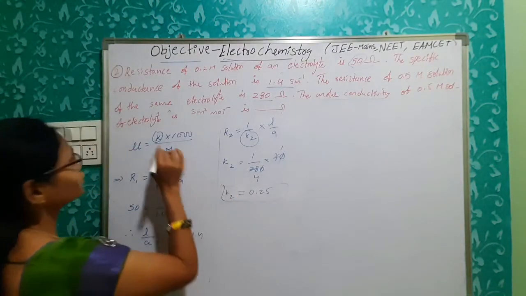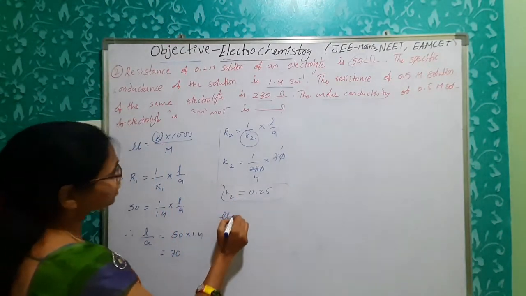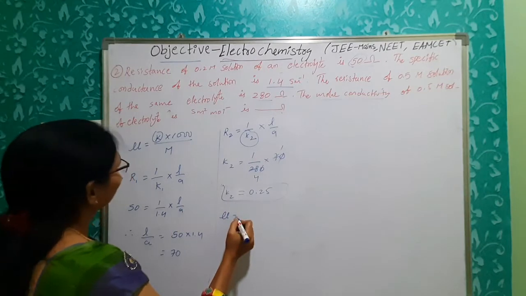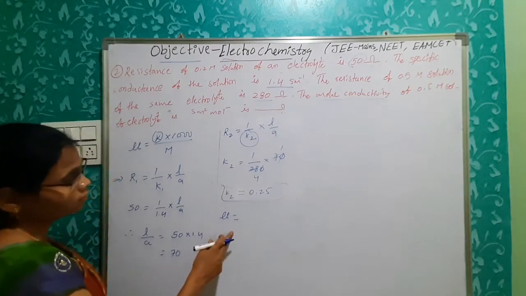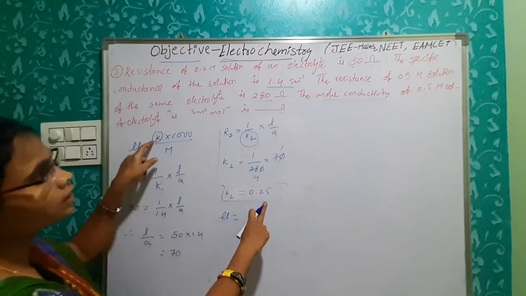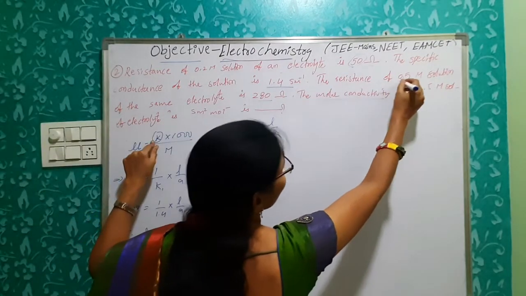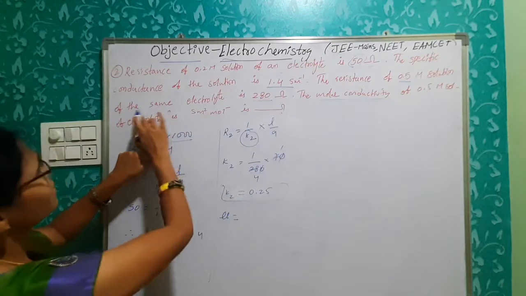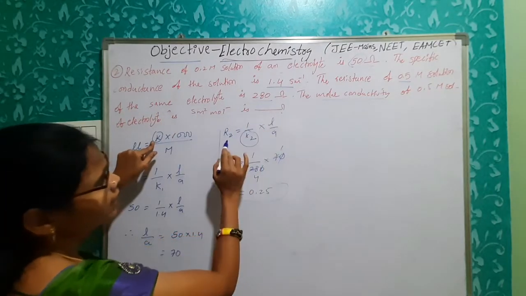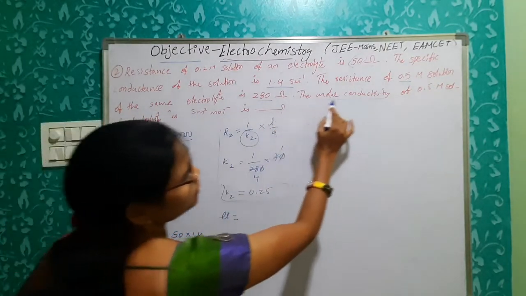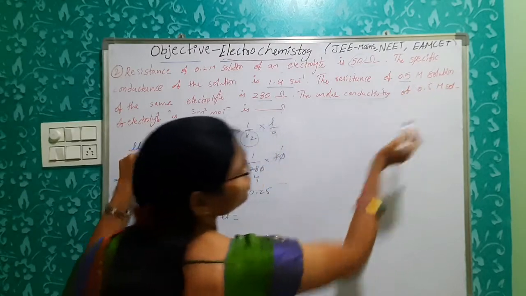This K2 value is substituted here. Then what is mu? Why is only this K2 substituted here? Because he asked for the resistance of 0.5 M of the same electrolyte, R2 is 280, and the molar conductance of the same solution.